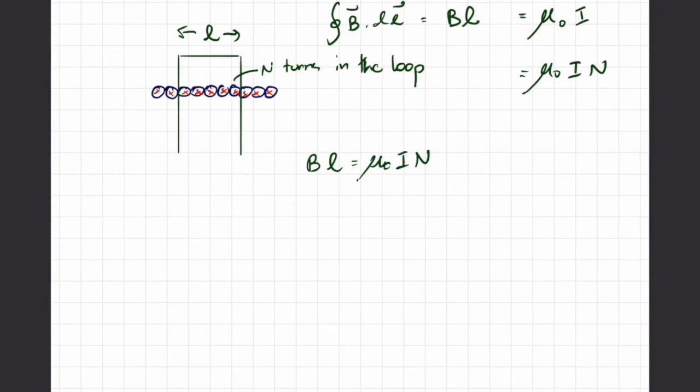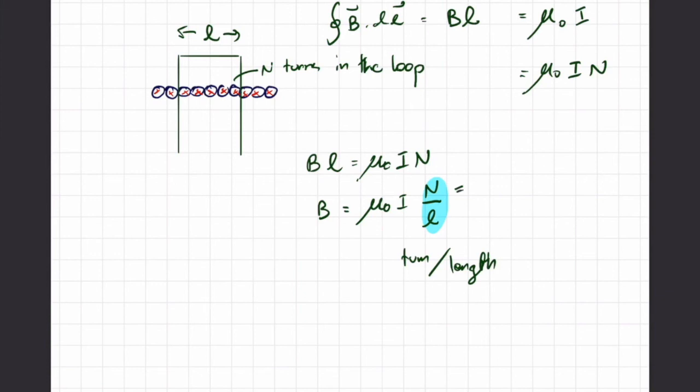So what we're going to do is put L on the other side and write n over L. Instead of telling how many turns exactly, because it depends on how long the solenoid is, usually we use this number, which is turns per length of the solenoid.